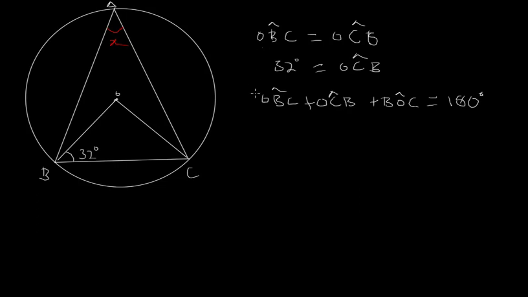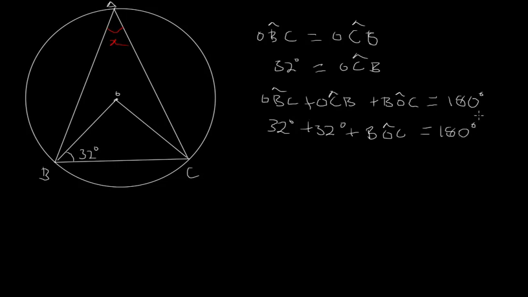What is our OBC? Our OBC is 32 degrees. What is our OCB? This and that are equal, so it's equal to 32 as well. And finally, what is our BOC? We do not have BOC, so we'll leave it as BOC, and this is equal to 180 degrees.